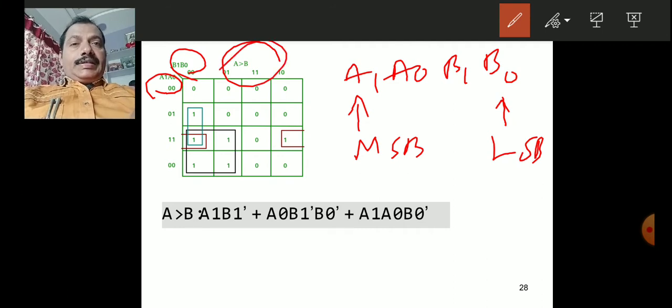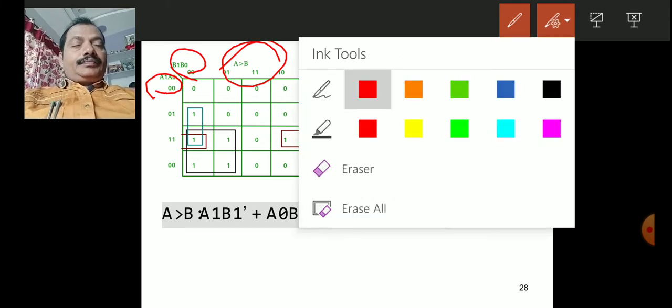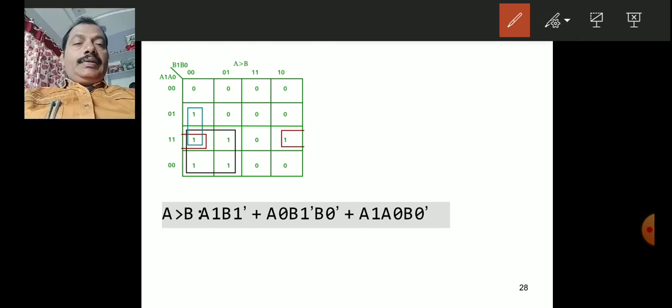First let us consider A greater than B only, you fill the outputs in these cells respectively. So here, observe, the minterms are already filled, and there is the possibility of a quad, hence one quad is formed like this.